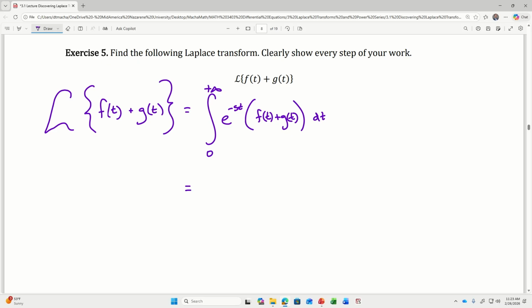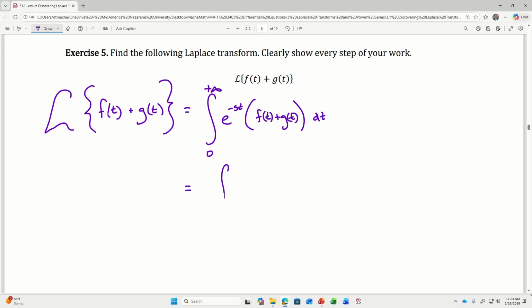But notice, I can distribute the e to the negative st, distributive property. I can distribute that to both f of t and g of t. And then because integrals have the additivity property, I can break apart this integral where that plus sign ends up.